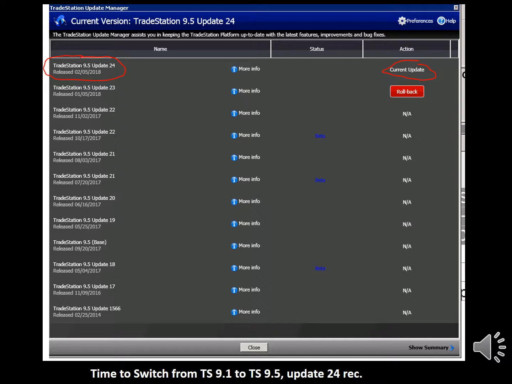If you go to the Update Manager in TradeStation and then go to where it says Show All, you can see all the various updates that are available. The very most current one, which was published on February the 5th, is the TradeStation Update number 24 for TradeStation 9.5. 9.1 has become very flaky lately.